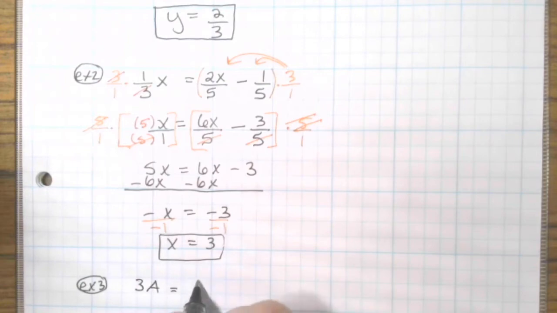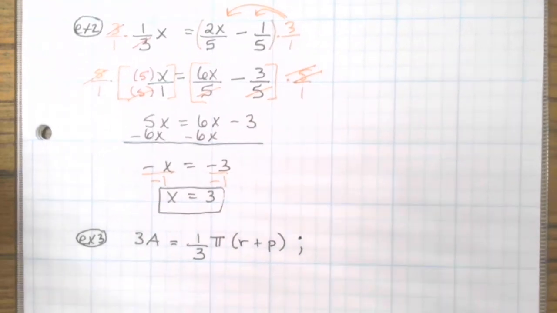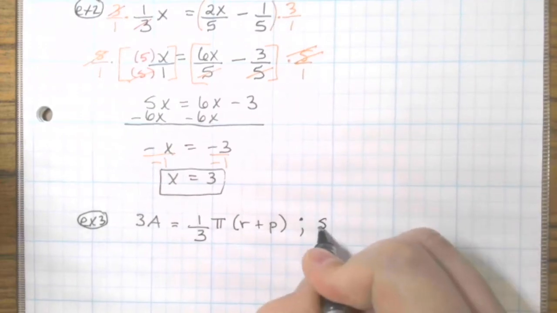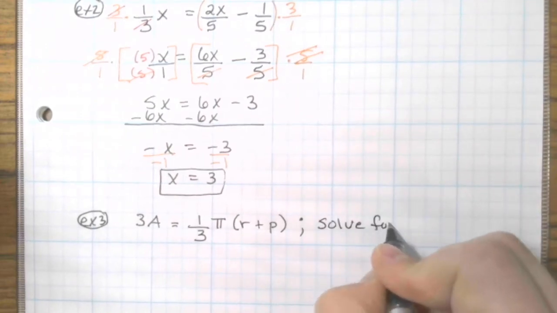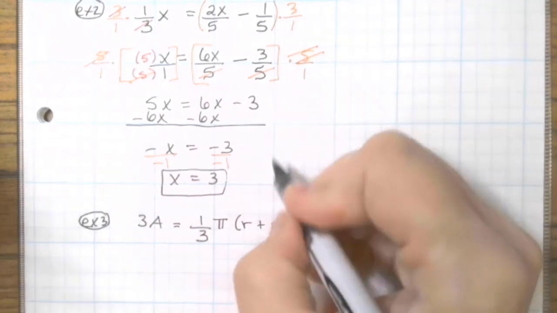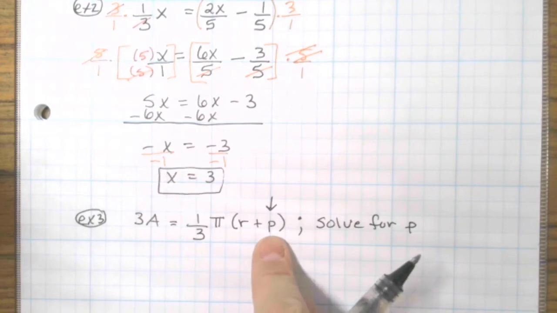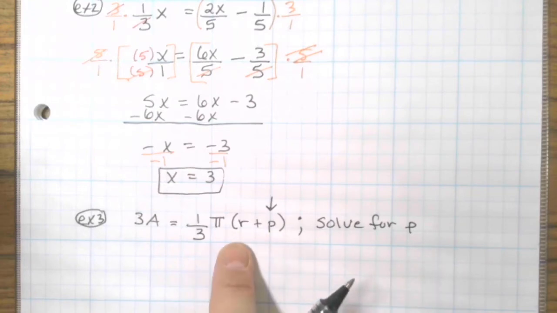3a equals 1/3 pi times r plus p. And remember, semicolon just means directions. So we're going to solve for p. Okay, so the term we're trying to solve for is here. It is in a binomial, and that binomial is trapped because it's multiplied by 1/3 pi.